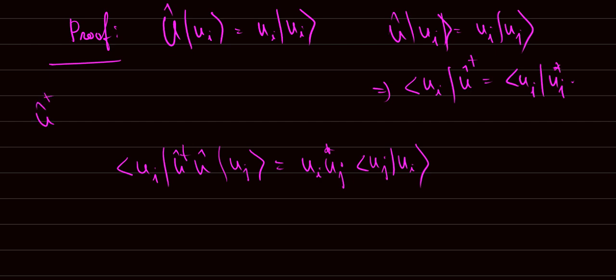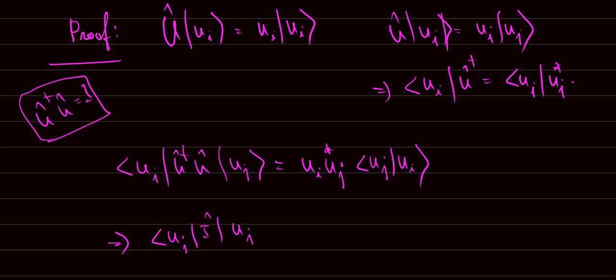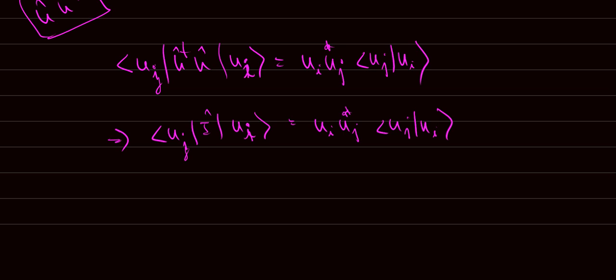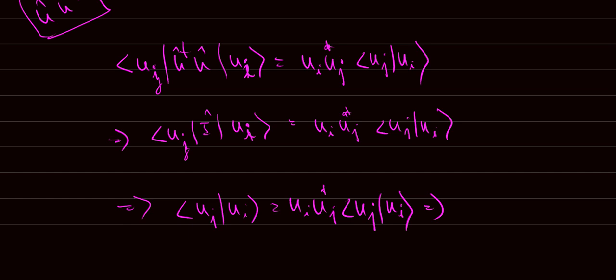By the definition of unitary operator, so we got bra u_j, identity operator, ket u_i. So this is given by this, and u_j into u_i equals this.